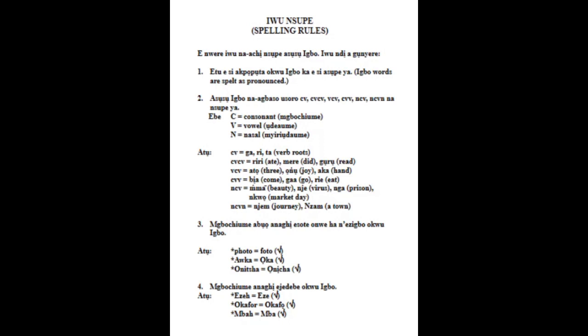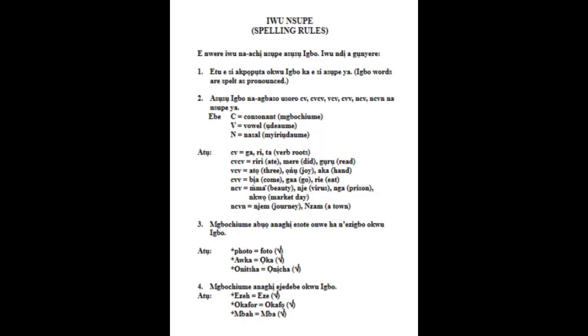So now, coming to the number 4 rule that we are on, I said a proper Igbo word does not end with a consonant. So the ones with the asterisk, eze, okafo, mba, are all wrong spellings for Igbo words.